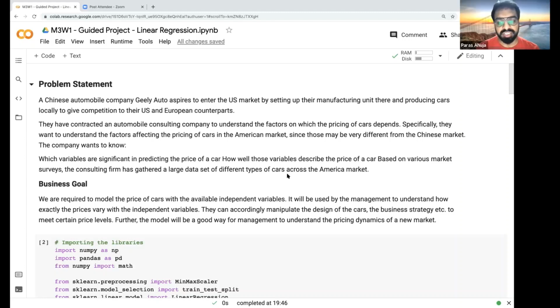So let's first understand the problem. Maybe I can share it with you meanwhile. Let's start our guided project session. As you all know, so far you must have come across that data science is not just Python. Python is a toolkit that helps us solve our business problems through different algorithms, through different analysis, through different statistics, sometimes simply through EDA also.